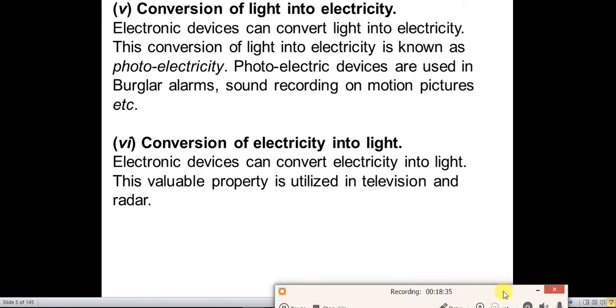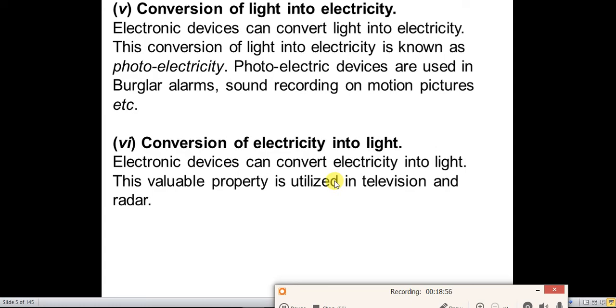So these are all the importance of electronics. We stop here, and in the next class we will discuss the atomic structure. So this is all about the importance of electronics.